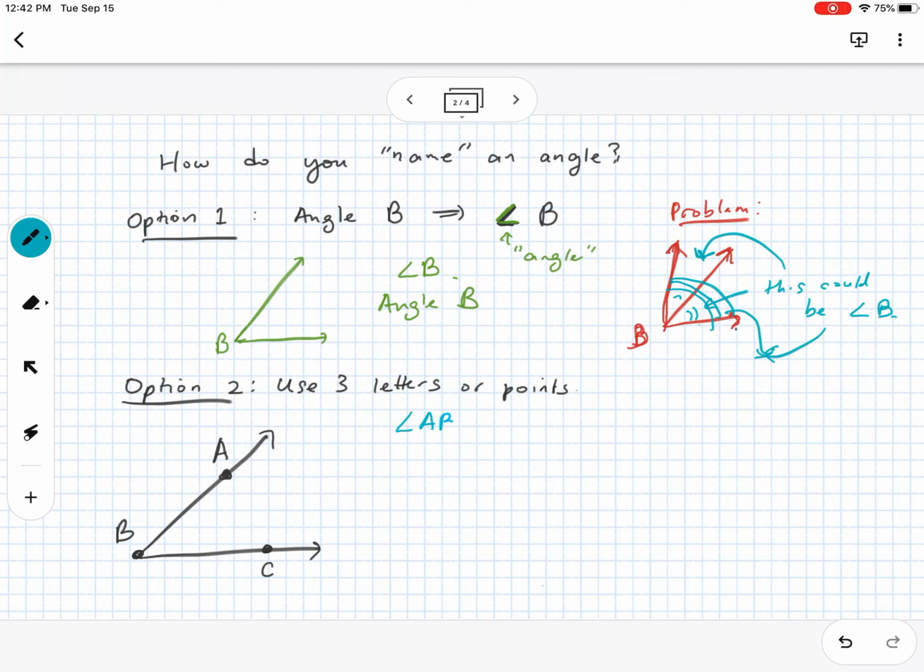For example, I could call it angle ABC, or angle BCA, or angle CAB, or angle CBA, or angle BAC, or angle ACB.